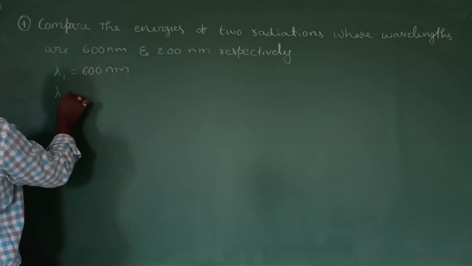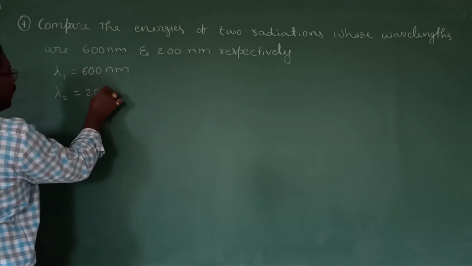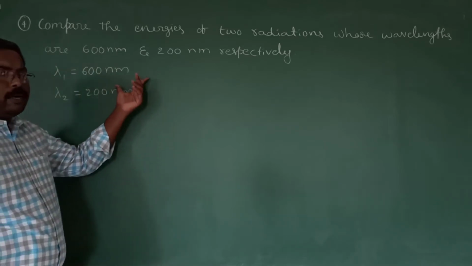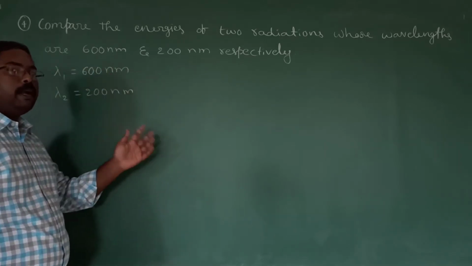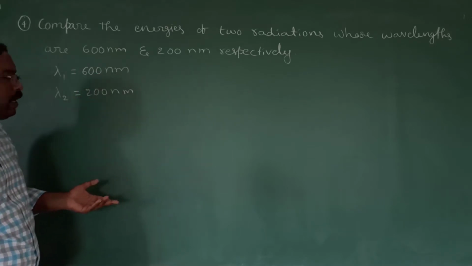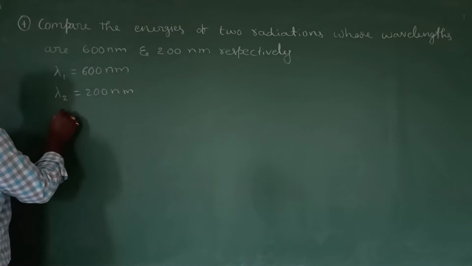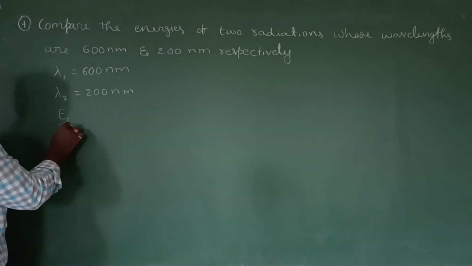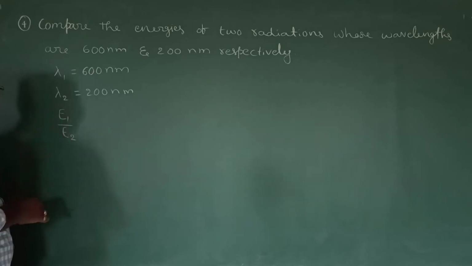The second radiation's wavelength is taken as lambda 2. Better we can convert into meters, but for comparing, let us take both in the same units. First radiation's energy E1, second radiation's energy E2, I am taking.